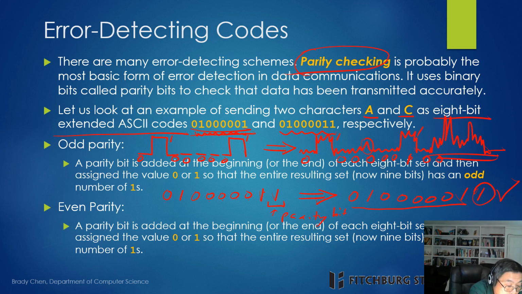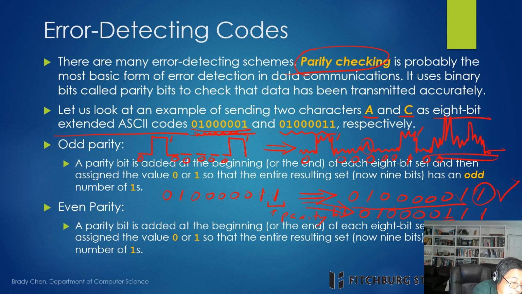Now let's see, what if something goes wrong with the parity checking? Again, we use the same example. Using the odd parity checking, you add 1 for this sequence, and when you transmit to the destination, on the receiving side, there's 1 error. This is not the right bit, right?